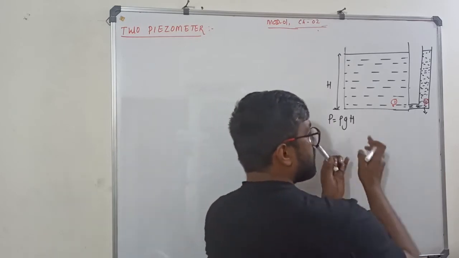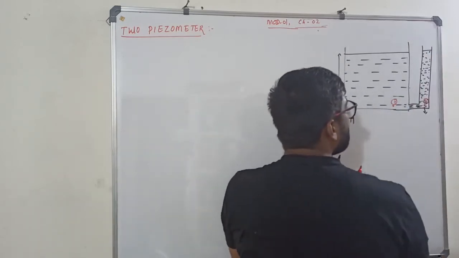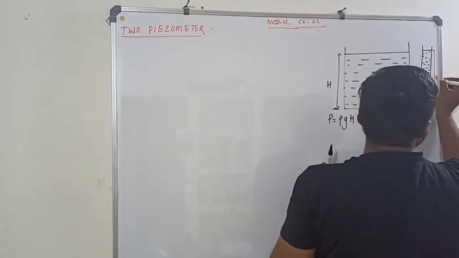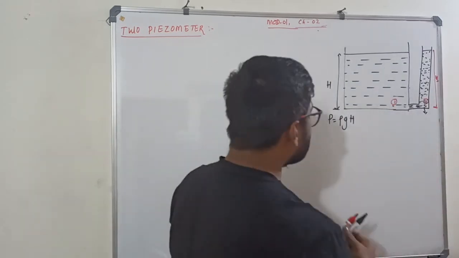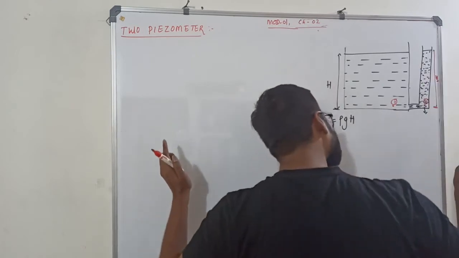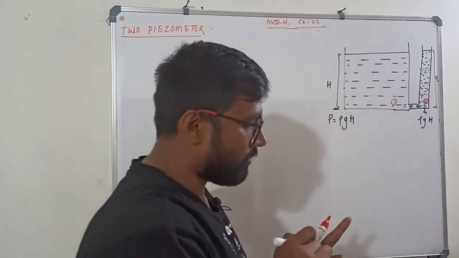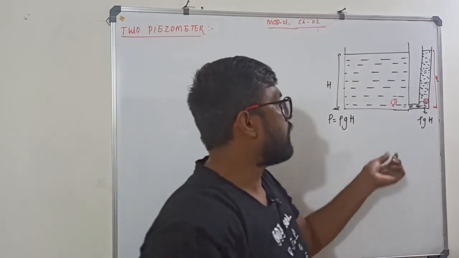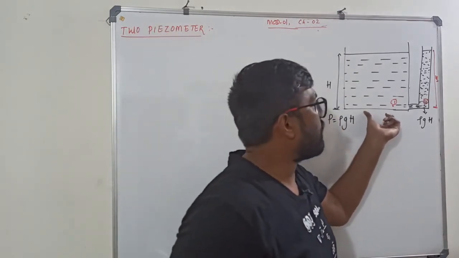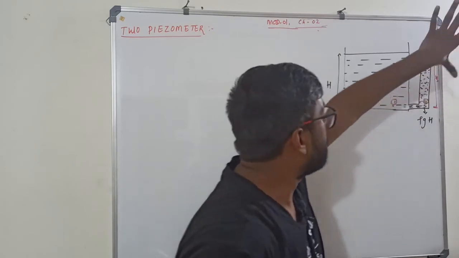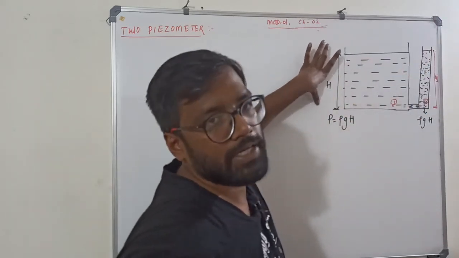That means the liquid stops moving when a height of h has been achieved, the same h. So in order to find the pressure of a container, if I connect a piezometer, the height in the piezometer gives me the pressure there.